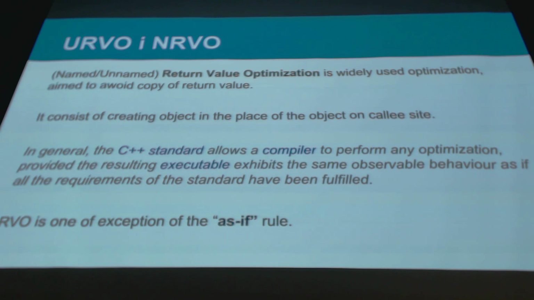So the output will change, but it's good because the standard says that we can do this. It's the exception to something called the as-if rule. The as-if rule says the program has to have the same behavior as if all the requirements of the standard have been fulfilled.